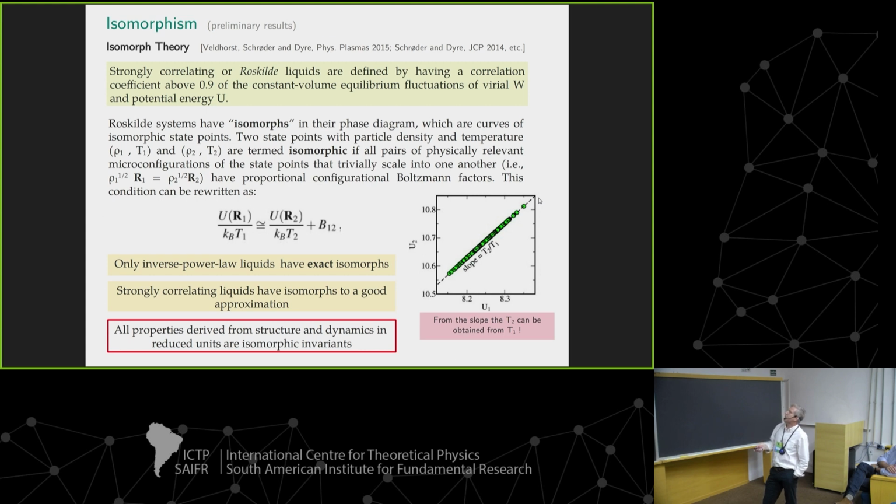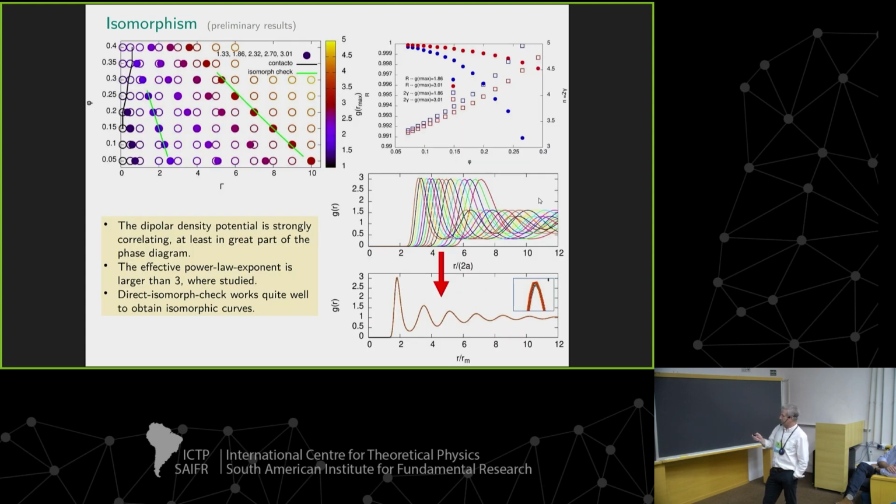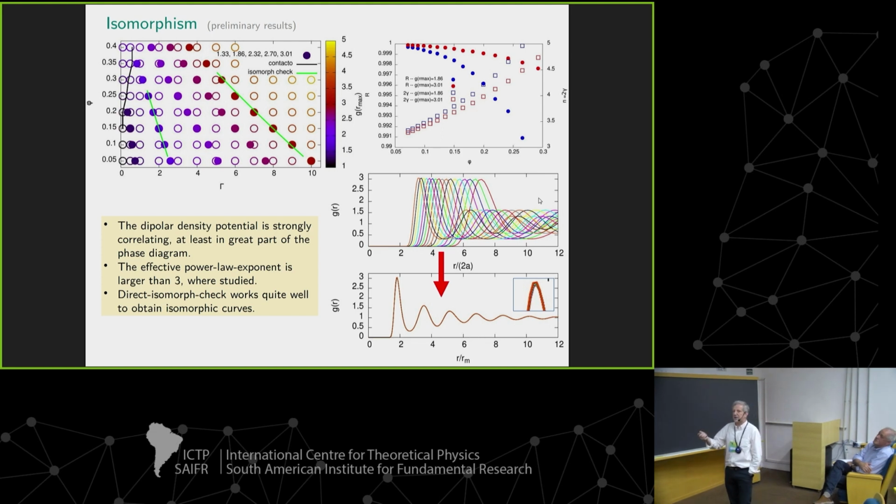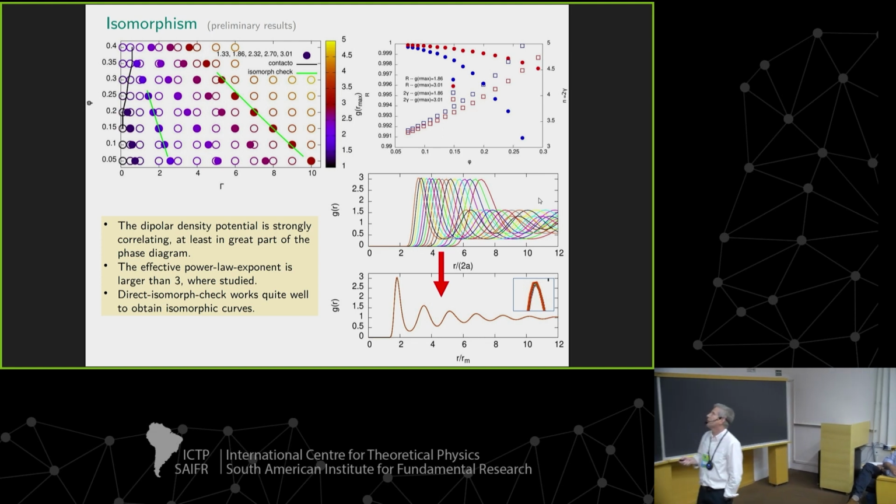you have isomorphic curves. We tested this for our case, and we find that these green lines are isomorphic curves, and the color is the height of the peak of the pair correlation function. In this line, the red ones, we measure the peak 3.01, and the green line is obtained within the formalism of this isomorphism.